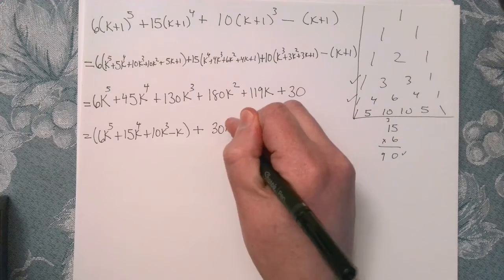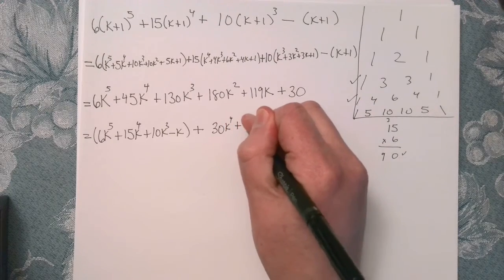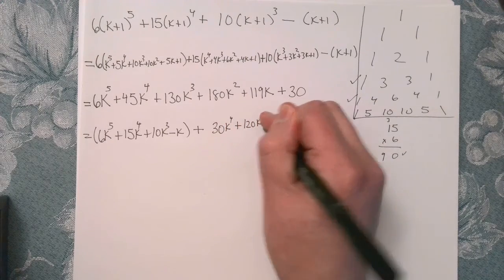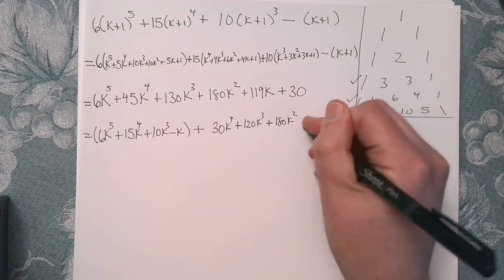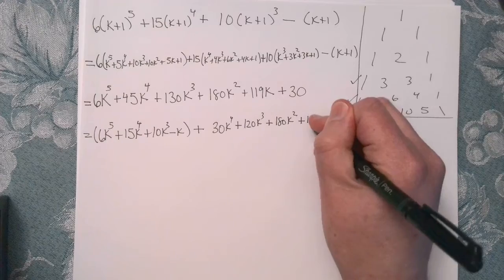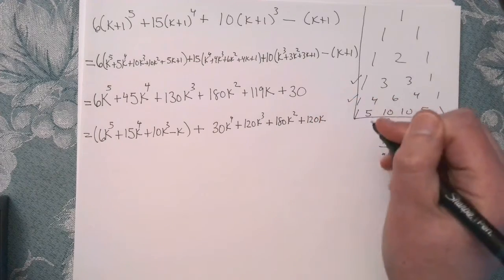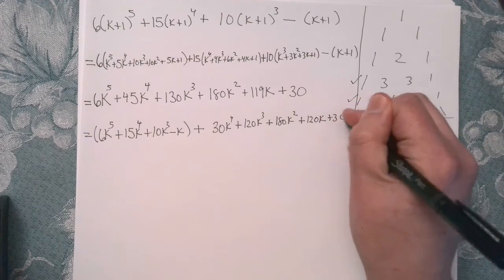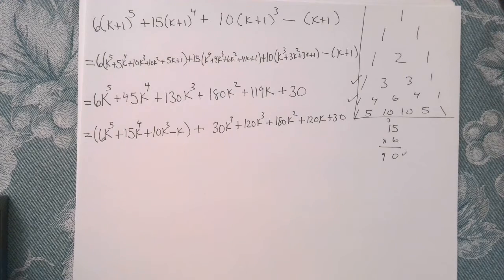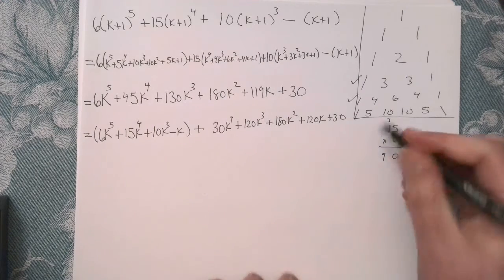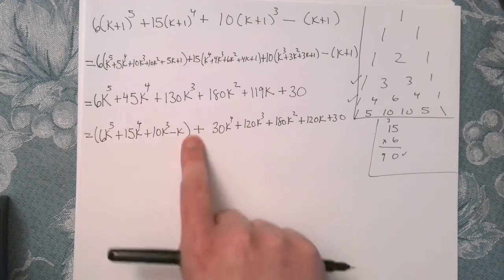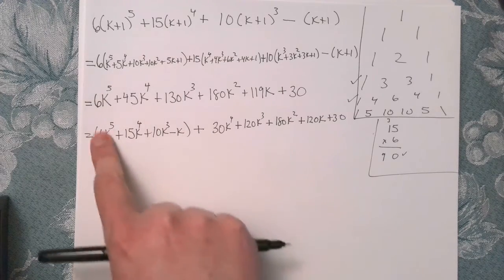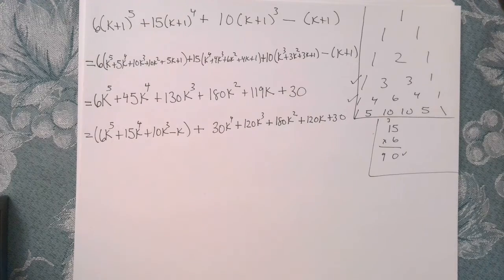Looks like 30k to the fourth plus 120k cubed plus 180k squared plus 120k plus 30. So this is nice, right? So by our inductive hypothesis, we know that this is divisible by 30.